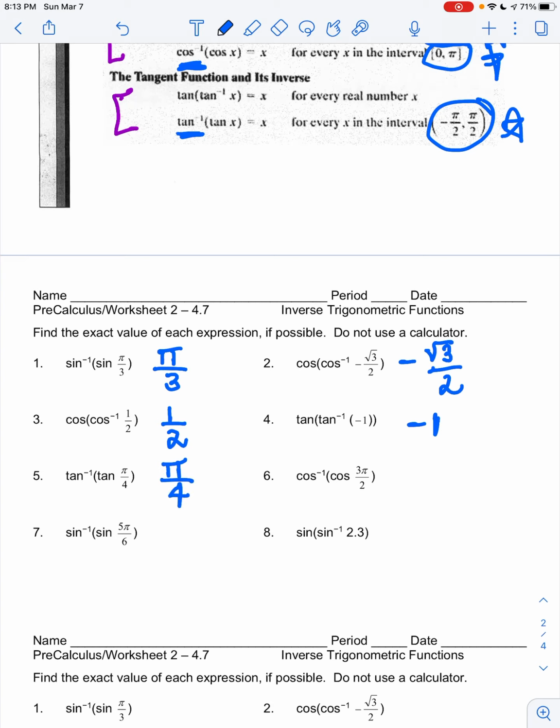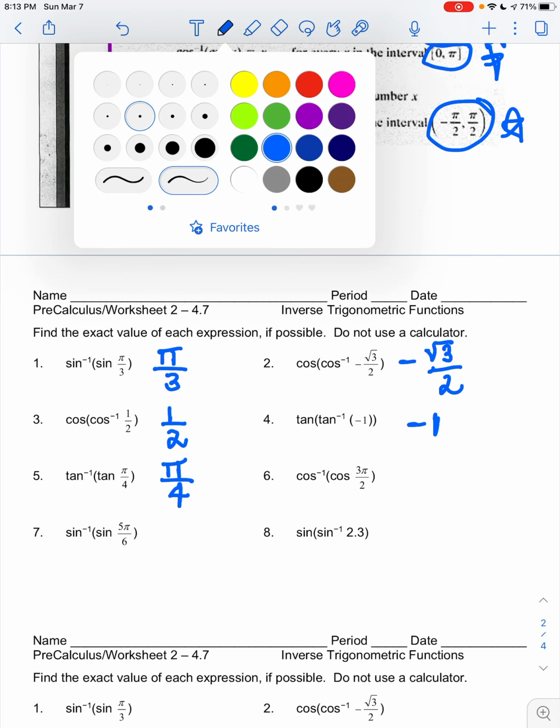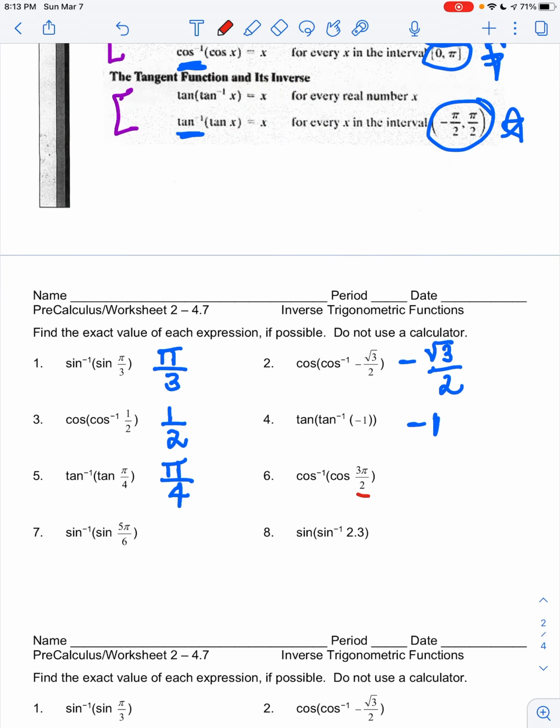Then we come to the inverse cosine of the cosine of 3 pi over 2. And this is the first one that I will point out throws up a red flag. Why? Because 3 pi over 2 is not between 0 and pi, which is the output for the inverse cosine, which we're going to have to do second.